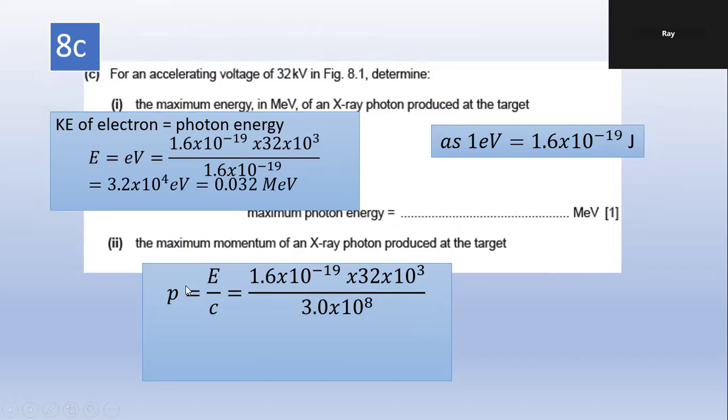Substitute the value of E, and c is the speed of light. Converting the value to joules uses 1.6 times 10 to the power minus 19.